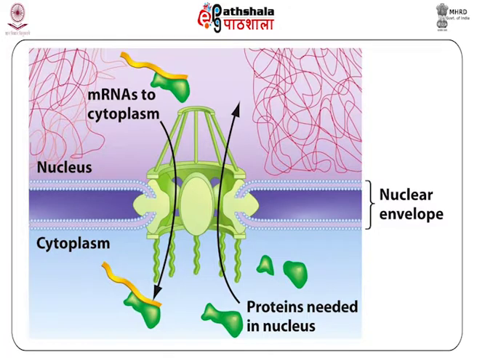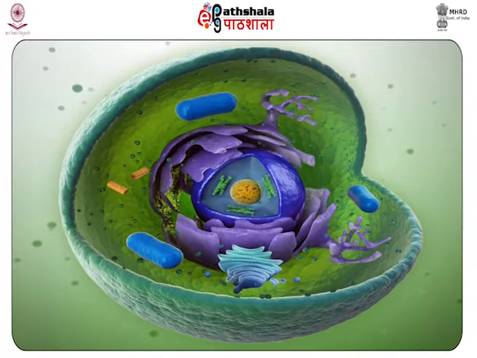Movement of large molecules such as proteins and RNA through the pores is required for both gene expression and the maintenance of chromosomes. The interior of the nucleus does not contain any membrane bound subcompartments.